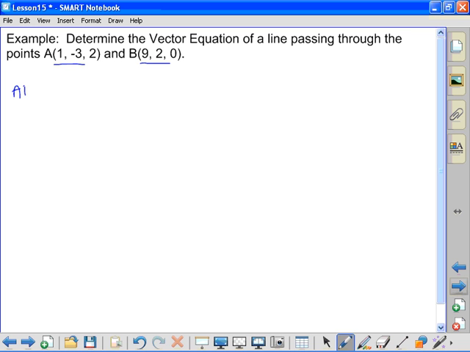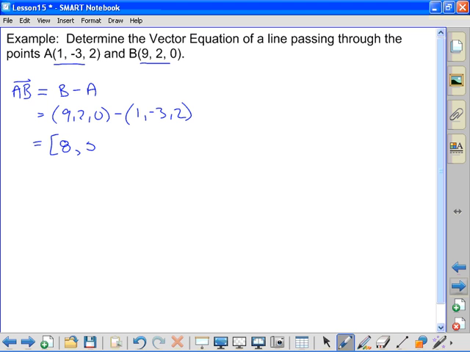But anyway, you need to make sure you get a direction vector out of it, and your direction vector is just going to be the vector AB. So point B minus point A. So 9, 2, and 0 minus 1, negative 3, and 2. So that gives me a vector of 8.